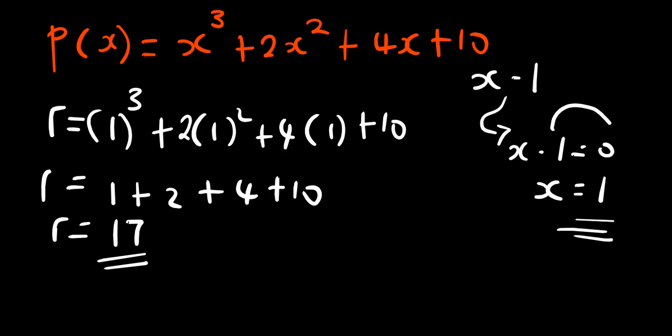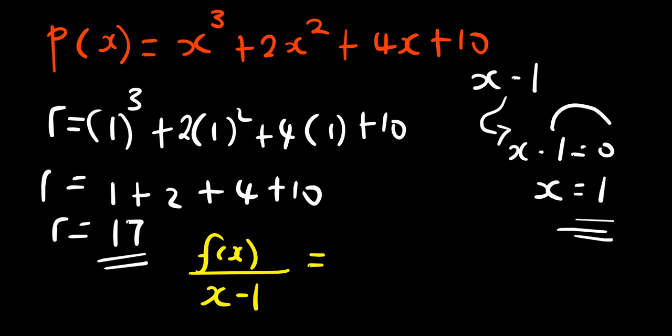Now how are you going to express it in that form? You say f of x, in this case your polynomial, divided by the divisor, in this case the factor x minus 1, is equal to the answer that we found.